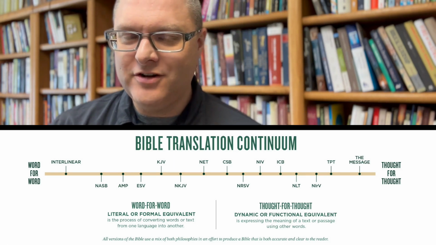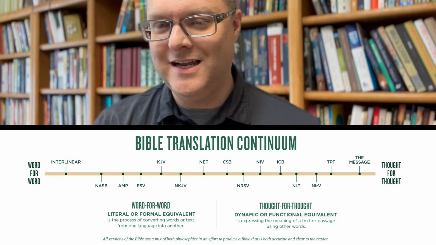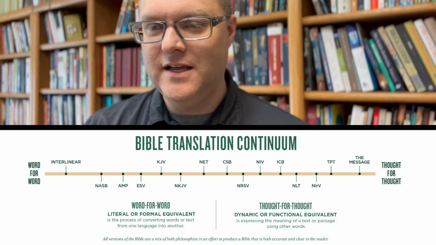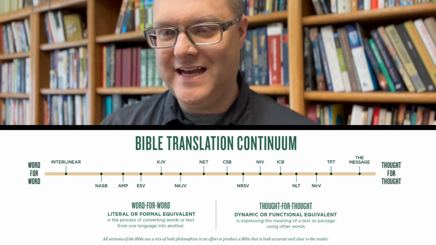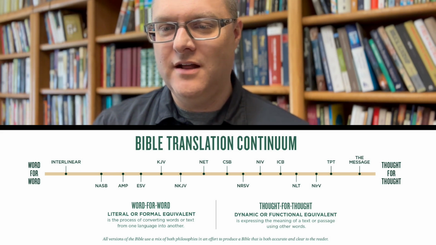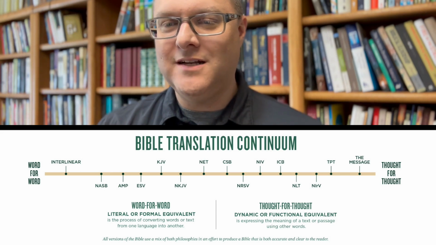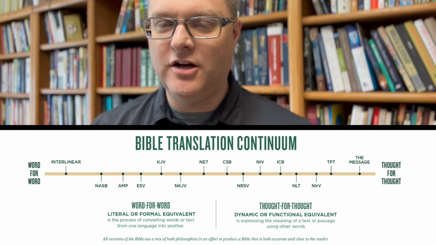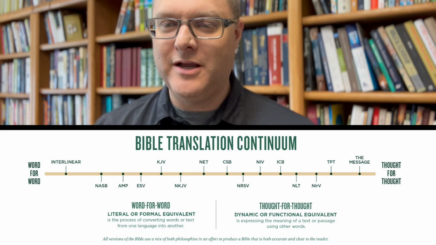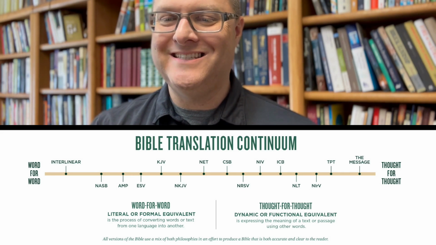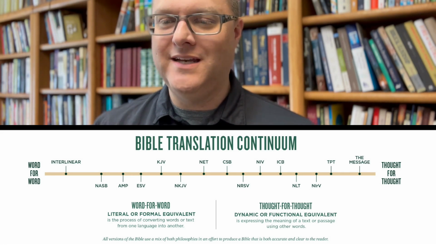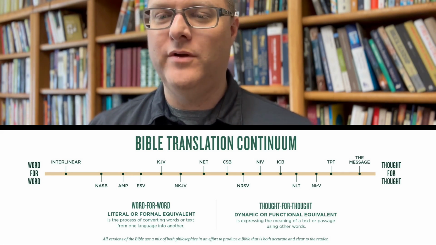And then over on the other side it says thought for thought, dynamic or functional equivalent translation philosophy, which is expressing the meaning of a text or passage using other words. So basically they are looking at the Greek text also, but they're looking a little bit bigger picture. Instead of just word for word, they're asking, what is this sentence saying? And how do we put that into English in a way that people would understand?